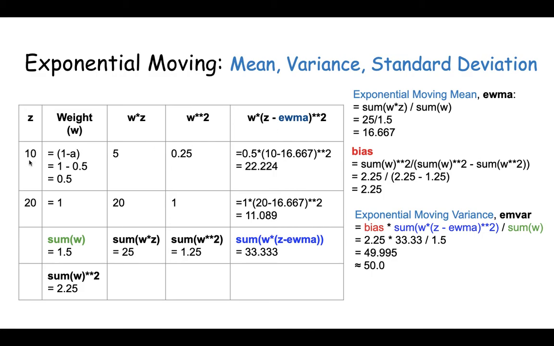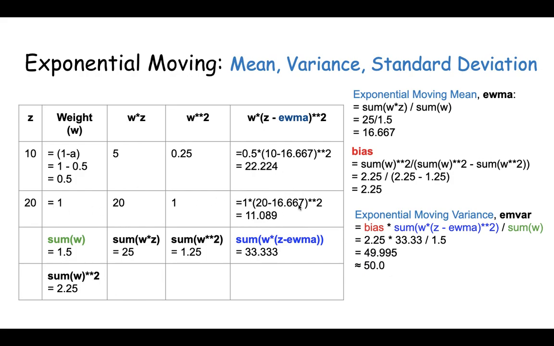Then the value is 10, which is in column Z, and then the exponential weighted mean we have calculated earlier, which is 16.667. So we add that here, take the difference, get a square of that, and multiply it by 0.5, you get 22.224.